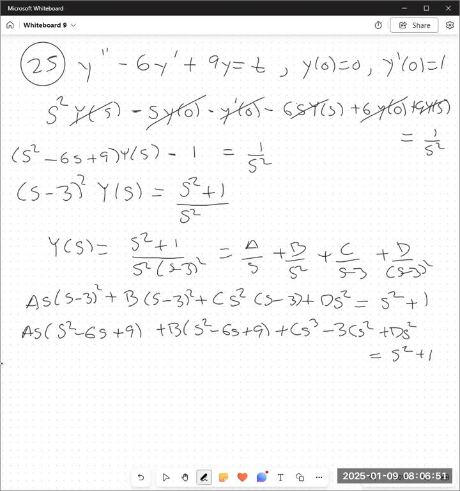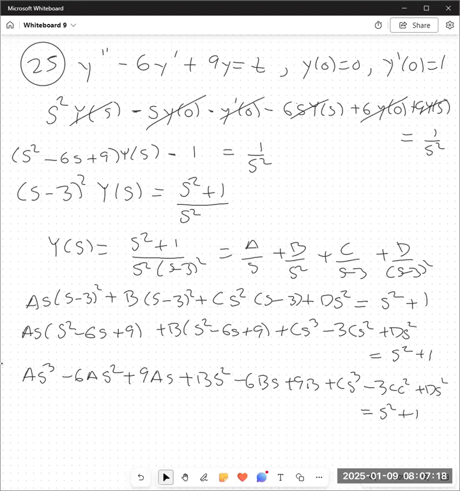That is as cubed minus 6as squared plus 9as plus bs squared minus 6bs plus 9b plus cs cubed minus 3cs squared plus ds squared is equal to s squared plus 1.